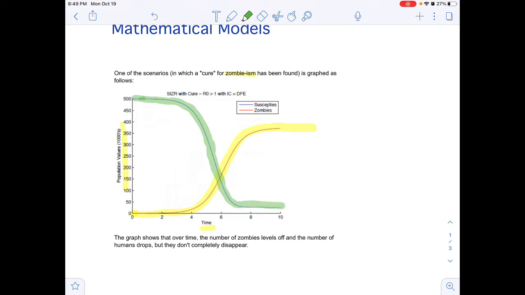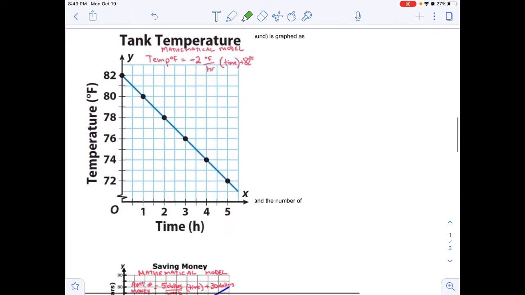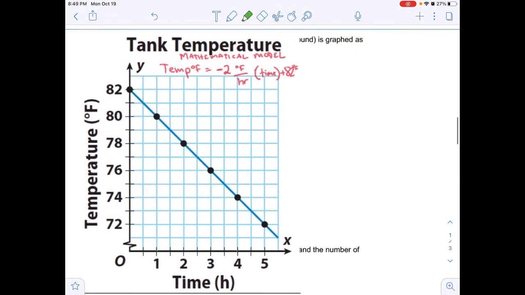And then that tapers off. This is a good graphical model built on a complex mathematical model about this imaginary syndrome of being a zombie. Or is it? So some other mathematical models are as follows.